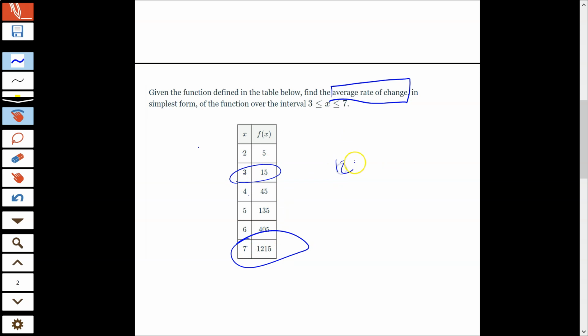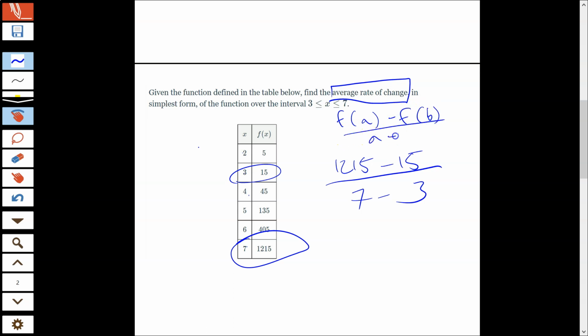So 1215 minus 15 over 7 minus 3. So this is sometimes called the difference quotient. Really, it's the slope formula. It's often written, now that we're later in your math career, something like this: f of a minus f of b over a minus b.